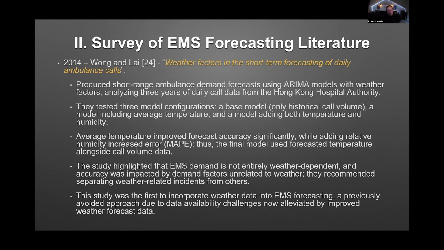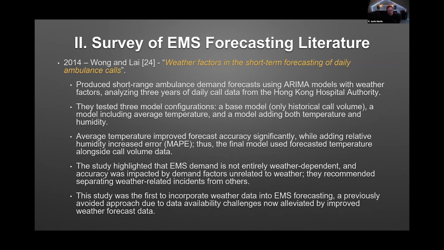Wong and Lai in 2014 were the first to incorporate weather into forecasts. And basically what they found was that, not surprising really, demand is not entirely dependent on weather. We know that, but they found that it only marginally improved forecasts in some cases. And weather is going to be an important factor for very limited time scopes. So we could think about hurricane season in the southeast of the U.S., right?